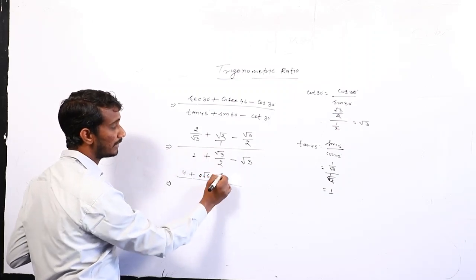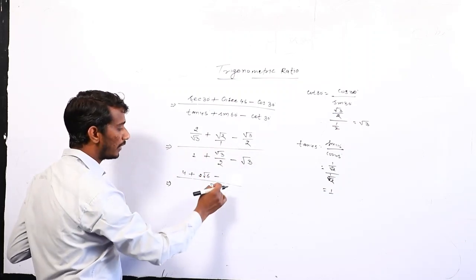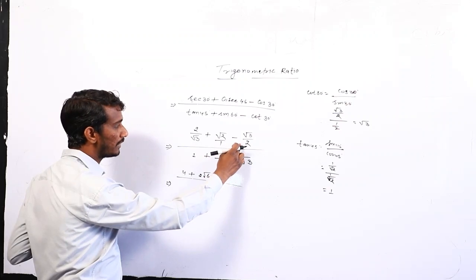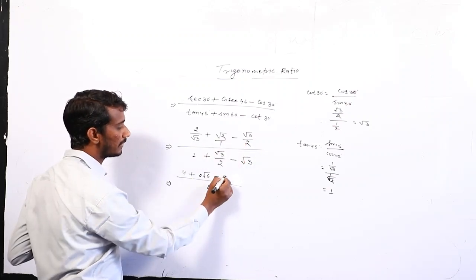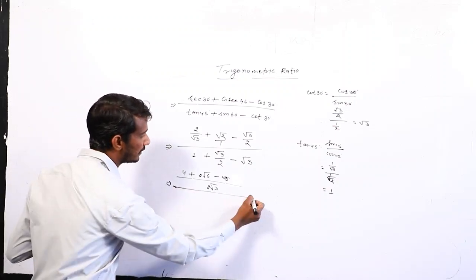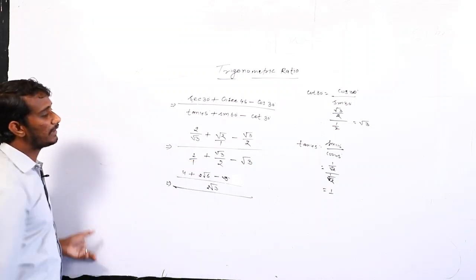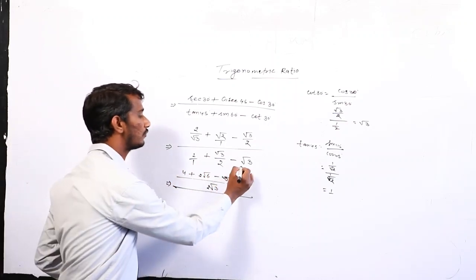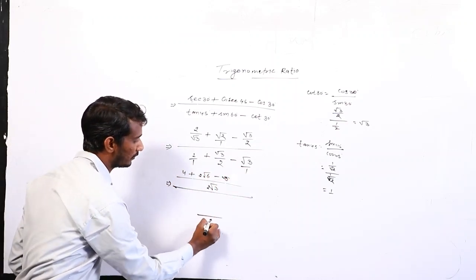Next sign is minus 2 root 3 divided by 2, so root 3 into root 3 we get 3. Okay students, now the next term, from this we get the LCM of 1, 2 and 1, so here the LCM is 2.